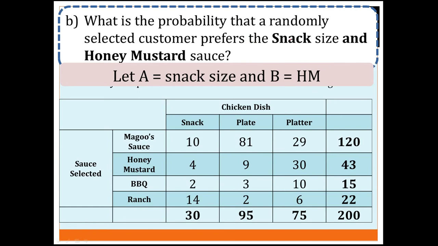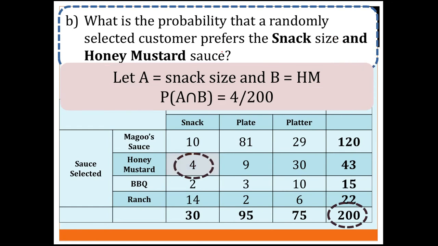So this question, I'm finding the probability of A and B. It's an intersection problem. So in that table I just reviewed, we had different formulas for the intersection. But the way this data is organized in this table, it's even easier than that. I don't have to use those formulas because I can look clearly from the table. I see that there were exactly 4 people who got the snack size and honey mustard sauce.